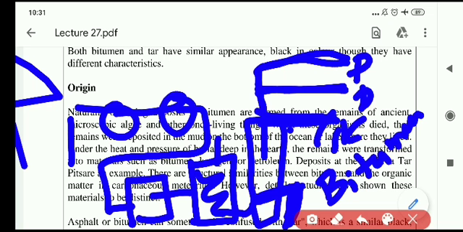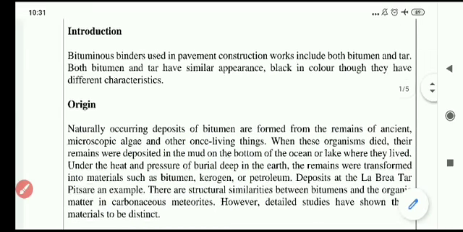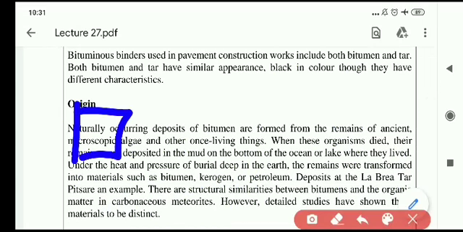So in this bitumen, we have different types. If we add any volatile to this residue bitumen, then we get cutback bitumen.